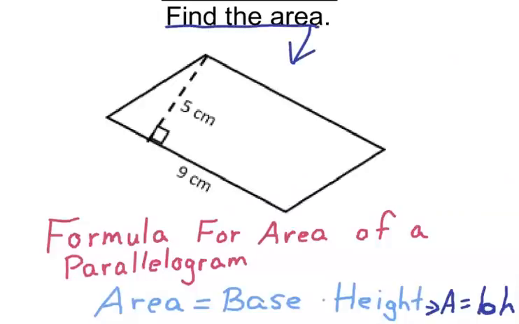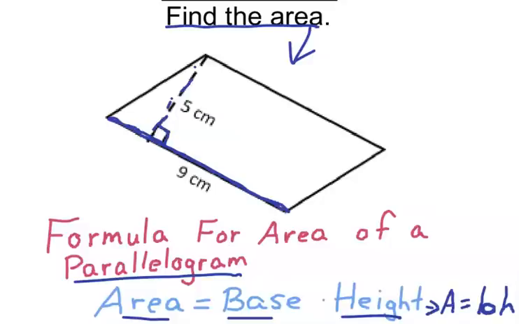Find the area, and this here is called a parallelogram. So the formula for the area of a parallelogram is area is going to be equal to base times the height. And the base and the height have to be perpendicular. So they have to have 90 degrees.